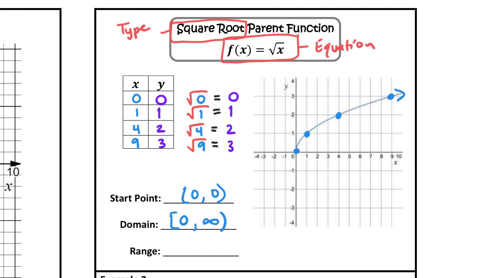And then let's look at the range. The range is scanning from bottom to top. So as I'm coming from the bottom, I make contact with the graph at 0, and then the graph keeps going up towards positive infinity. So for the range, we're going to say it goes to a low point of 0 and then goes up towards positive infinity.